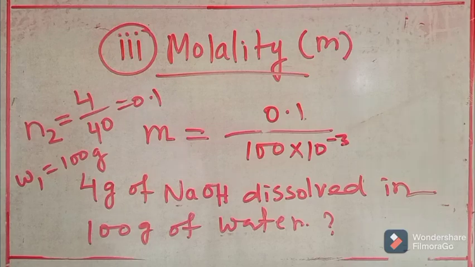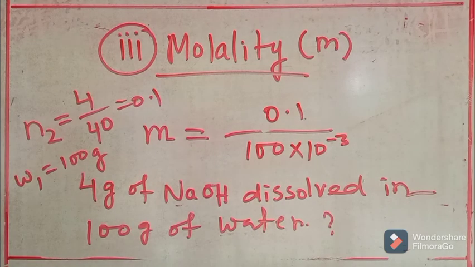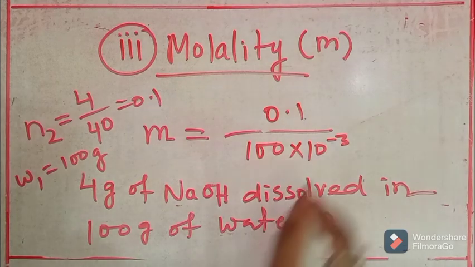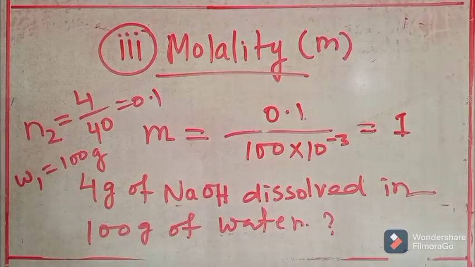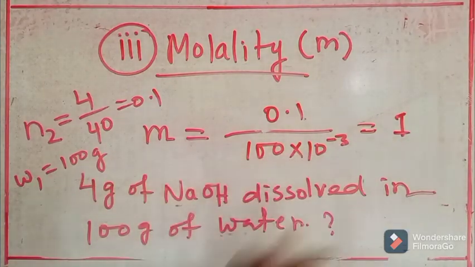Then it will be in kilogram. If we calculate, the value of small m will be almost equal to 1. So this is the molality of the solution, and in this way we can find out the molality of a solution.